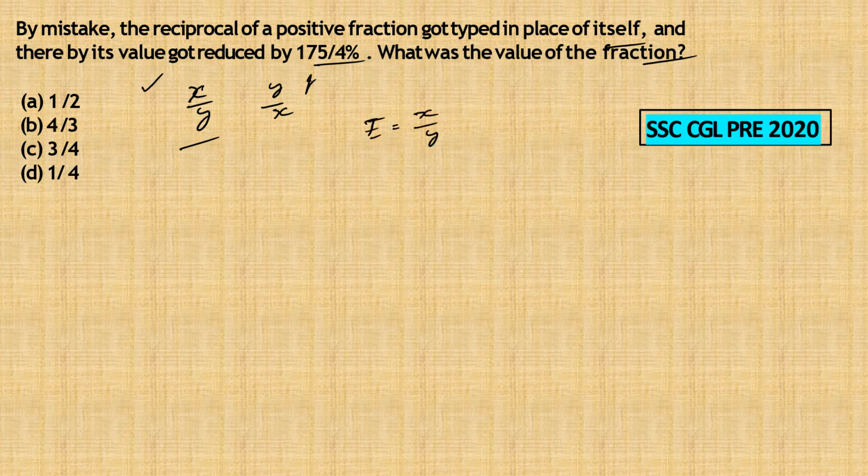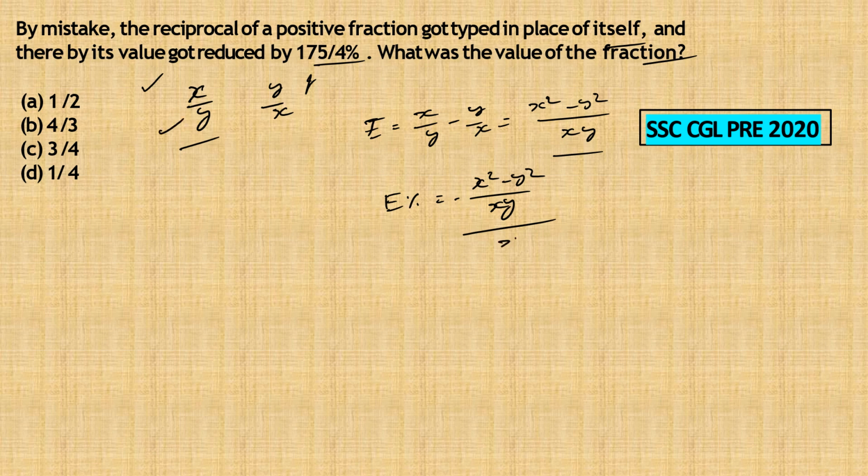x by y minus y by x is equal to (x square minus y square) divided by xy. It is the error, and the error percentage is the error by the correct value. What is the correct value? That is x by y.